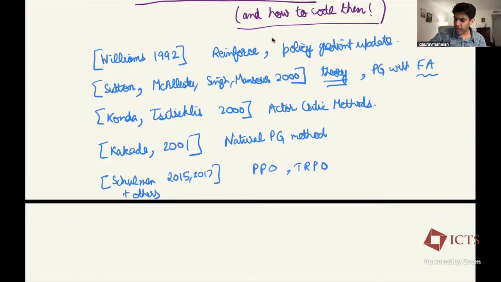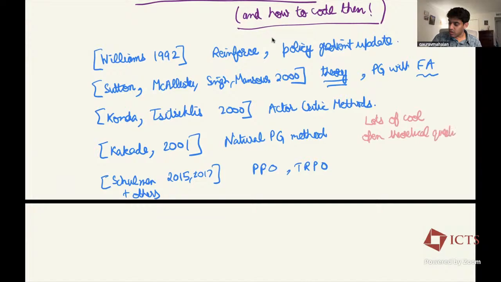Okay, and a lot of these are empirical papers, but there are lots of cool things. My interest is in the theory of RL. So there are actually lots of cool theoretical questions and also open theoretical questions in this area.